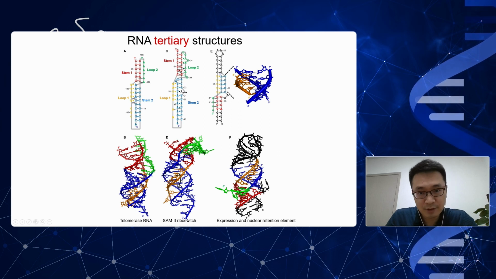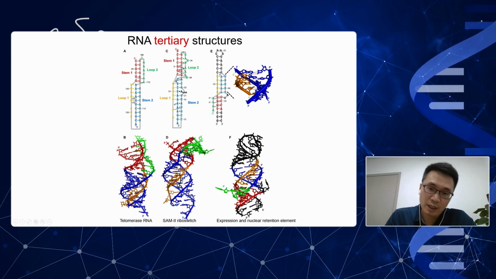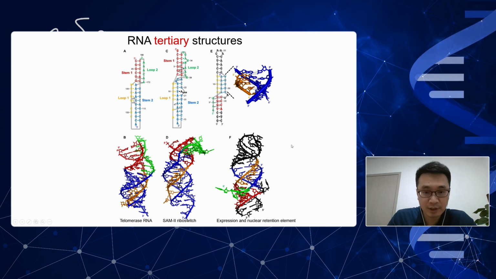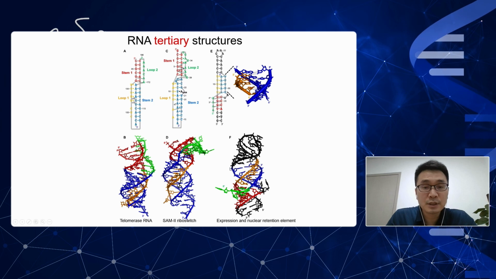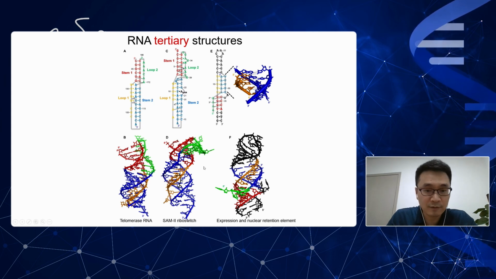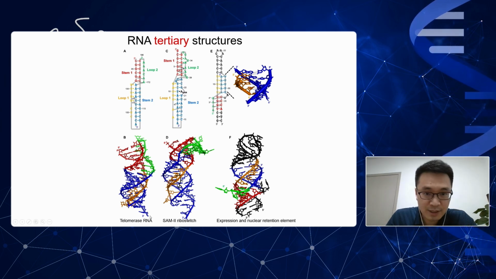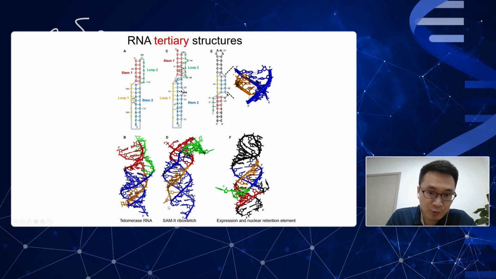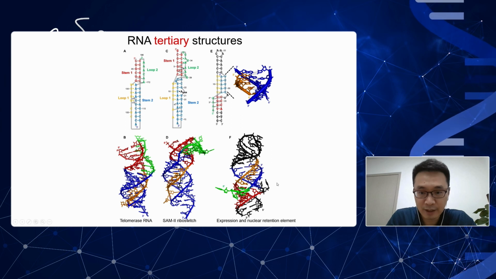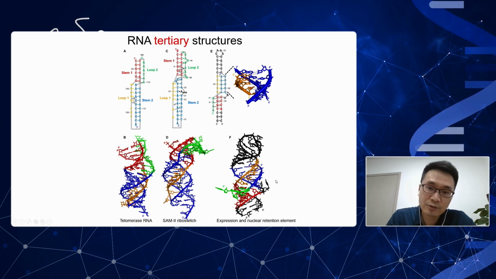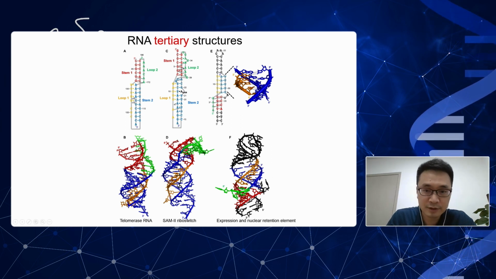You can see we have these 3 examples of triple helical structure in nature. All of them can form through pseudoknot structure formation, sort of. For example, the telomerase RNA, the SAM2 riboswitch, and the other one is the PAN RNA, which can be found in viral RNAs and also cellular RNA.